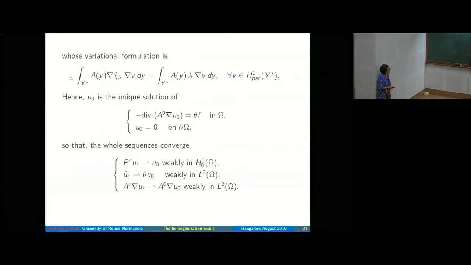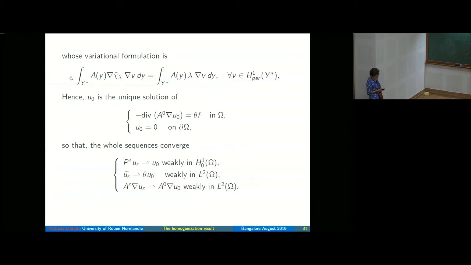Okay, so the variational formulation is: integral over y star of A gradient K lambda gradient V equals A lambda gradient V for every V in H per.